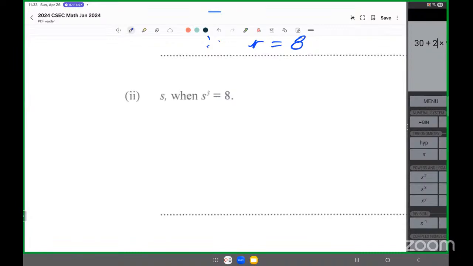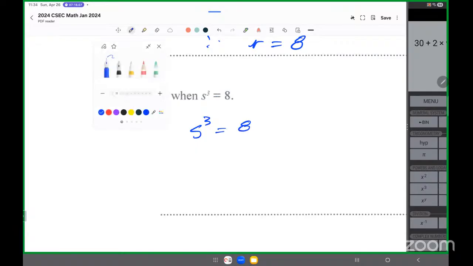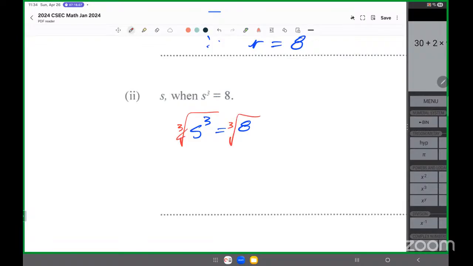Find S when S cubed is equal to 8. You must know that that is 2. 2 cubed is 8. If you don't know, you put the cube root on both sides. So if you have S cubed equals 8, then you put the cube root on both sides to get rid of this cube. The cube root cancels away that cube.